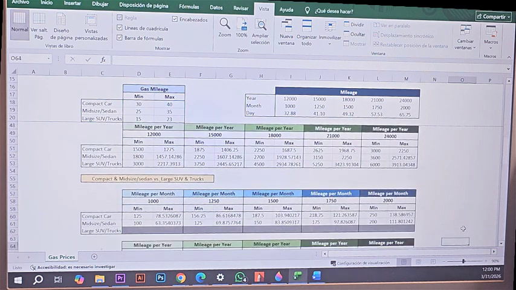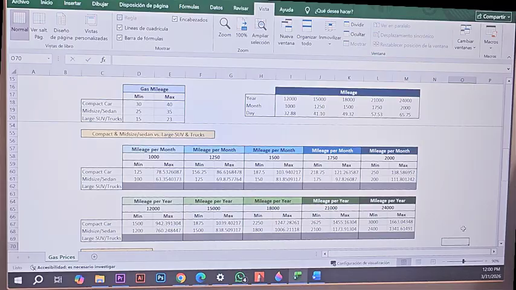So you might be asking yourself, what would be the difference between the large SUV and the compact and mid-size car when it comes to actually spending money on gas? What are the savings? For each mileage, for instance, for 1,000 miles per month, the compact car is saving $125 and the midsize is saving $100 in comparison to the large SUV.